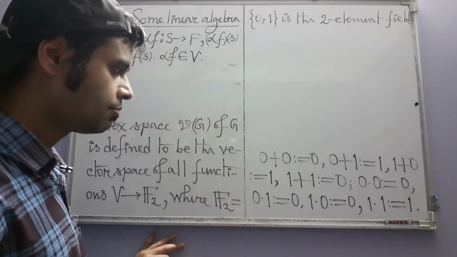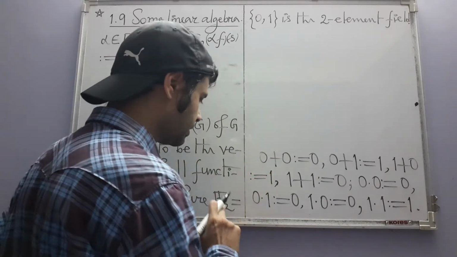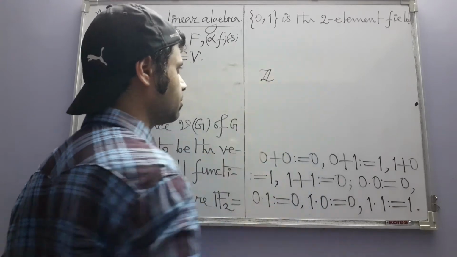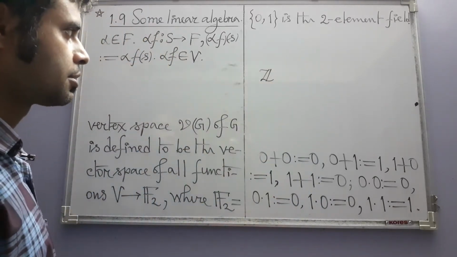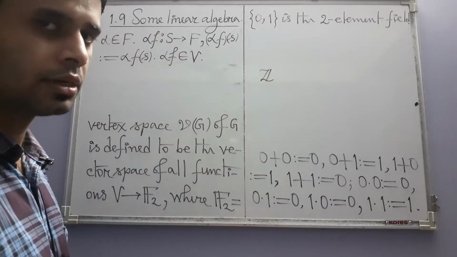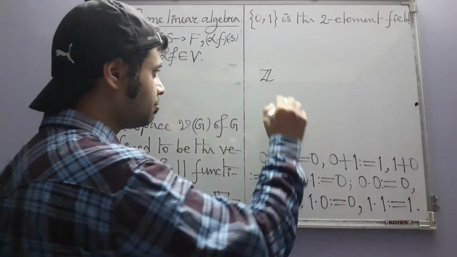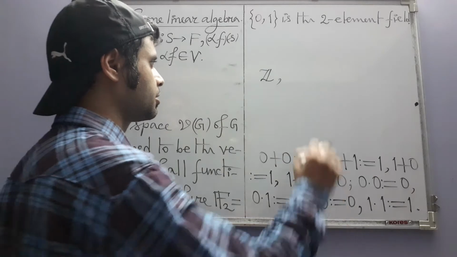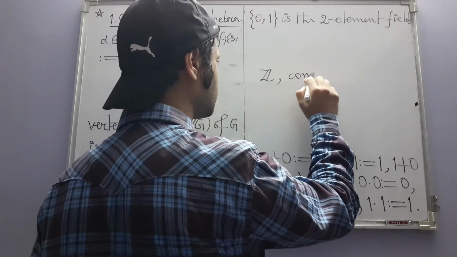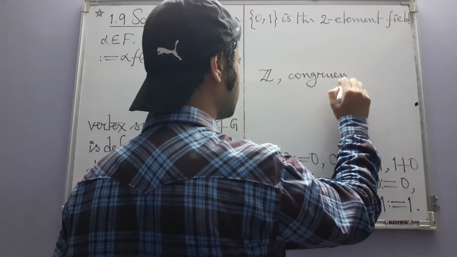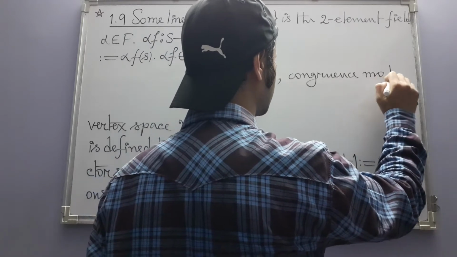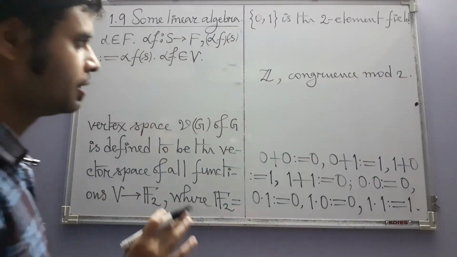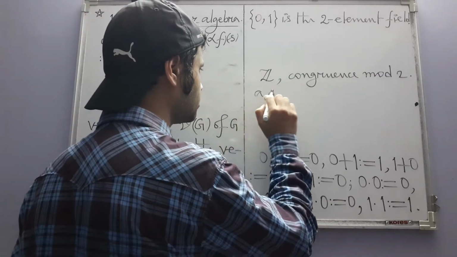There is another way of looking at this. You know that on the set of integers there is an equivalence relation, and that equivalence relation is congruence modulo 2. The definition of the relation is just this.